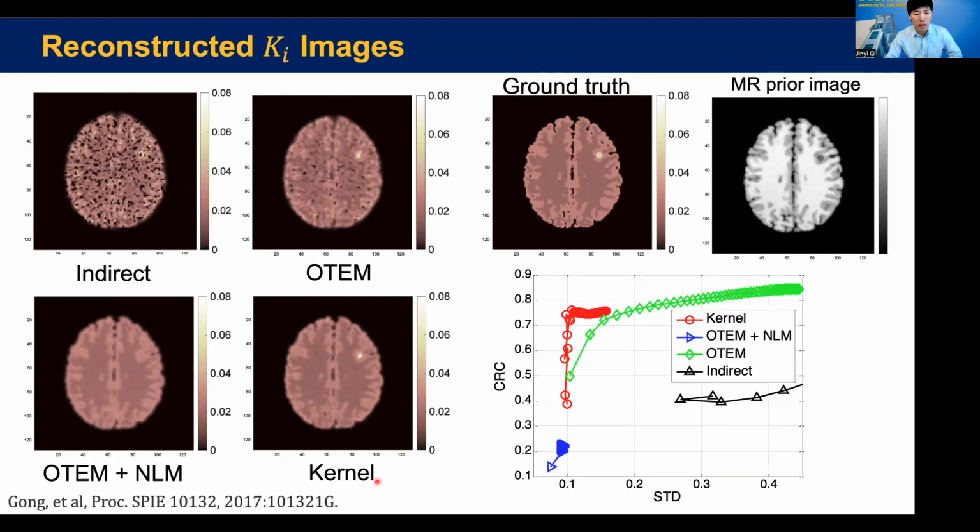We can also show the contrast of this artificial lesion as a function of the standard deviation of the white matter. We can see the OTEM is here. This is the indirect reconstruction. OTEM is here, with better contrast and lower noise. And then the kernel regularization further improves the contrast without increasing the noise.